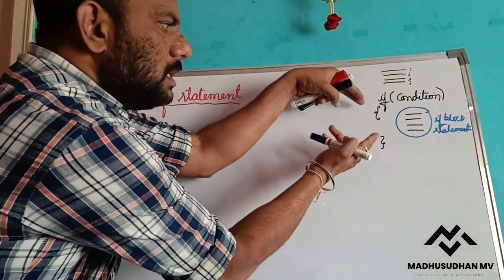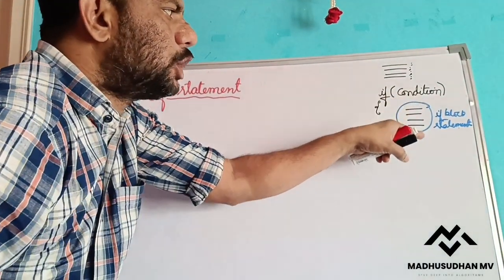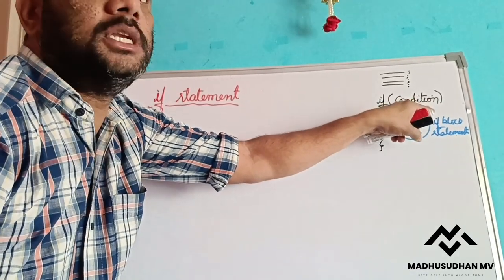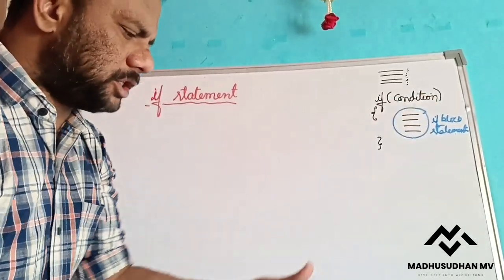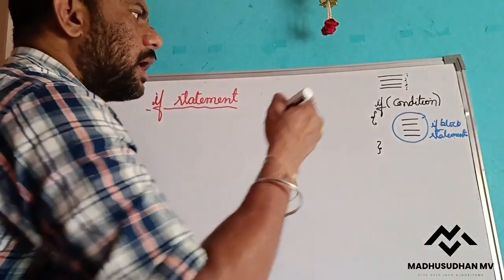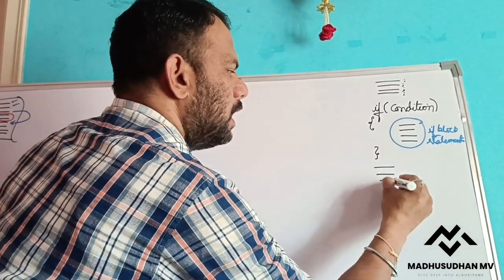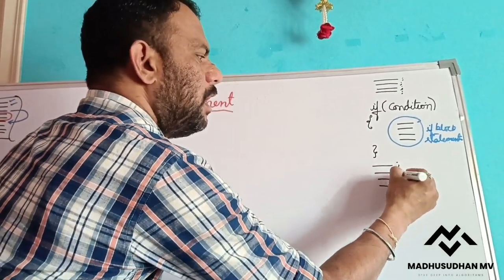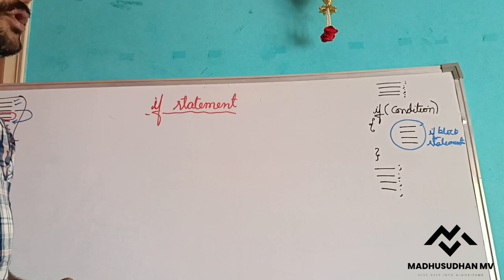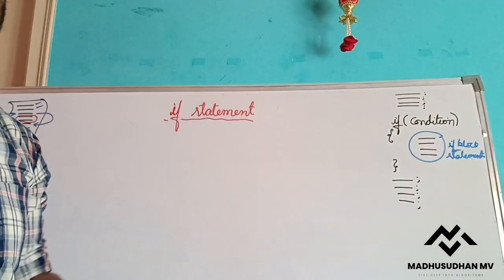All the statements inside these braces execute only when the condition is true. If the condition is false, control comes outside the if block and executes the first statement after the if block. This is the general syntax of the if block.